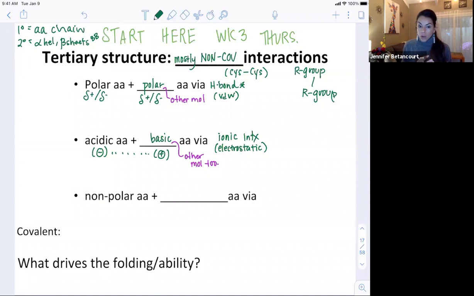So they are going to want to sequester or hide themselves, and you can find them in the center of the folded protein. Since all of the nonpolar amino acids are going to be there, we like to say that the nonpolar amino acids interact with other nonpolar amino acids, kind of by force.